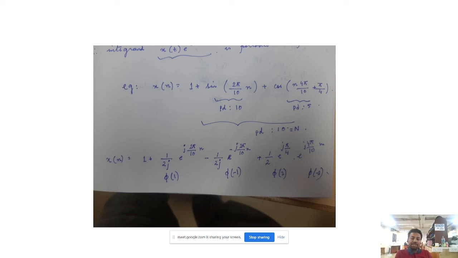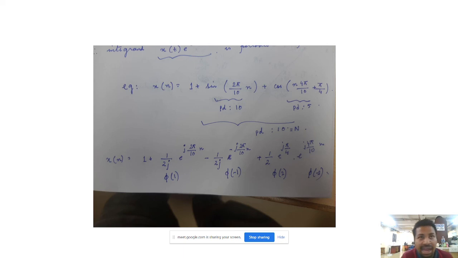So we can write cos theta in terms of e to the power of j theta as cos theta equals 1 by 2 into e to the power of j theta plus e to the power of minus j theta. And sine theta equals 1 by 2j into e to the power of j theta minus e to the power of minus j theta.